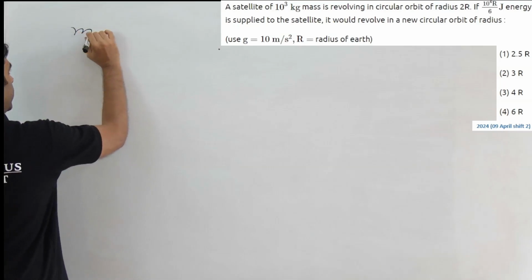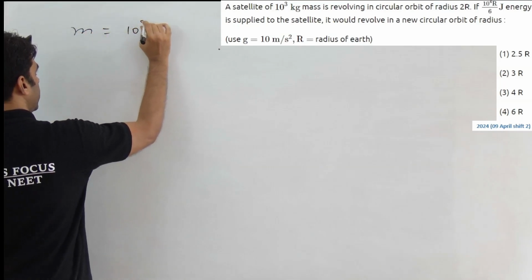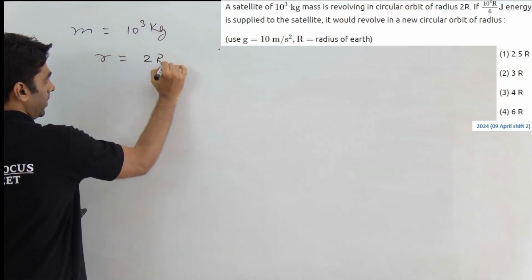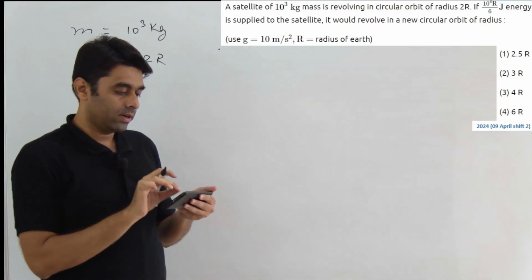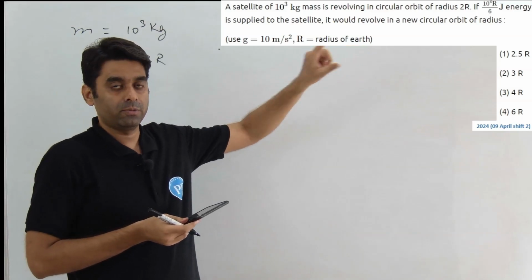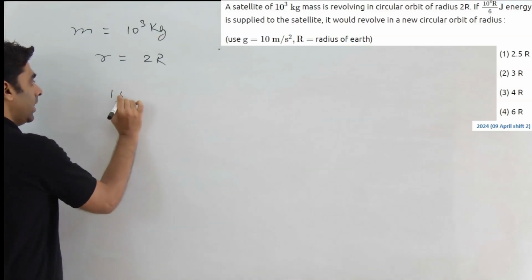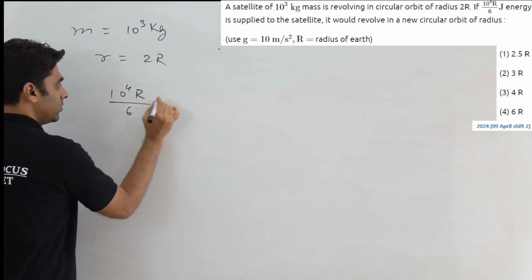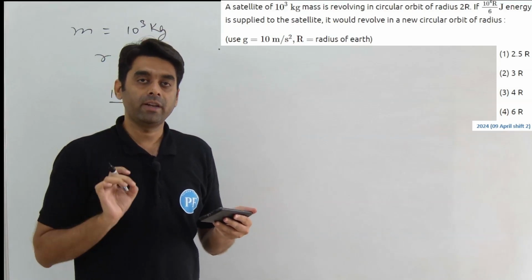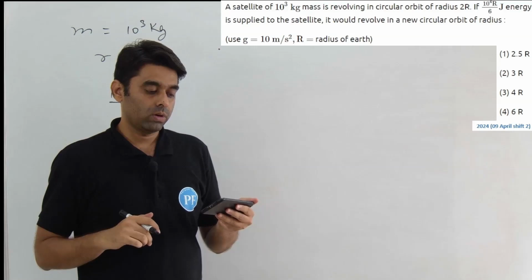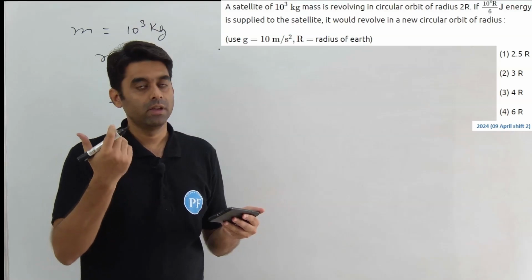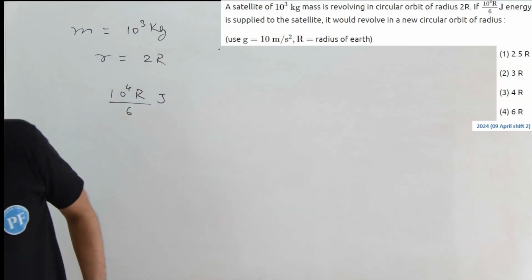The mass of the satellite is 10 power 3 kg and the orbital radius is 2 times capital R. If 10 power 4 R by 6 joule energy is supplied to the satellite, it would revolve in a new circular orbit of radius 2.5 R, 3 R, 4 R, 6 R. Small g is given as 10 and capital R is the radius of Earth.